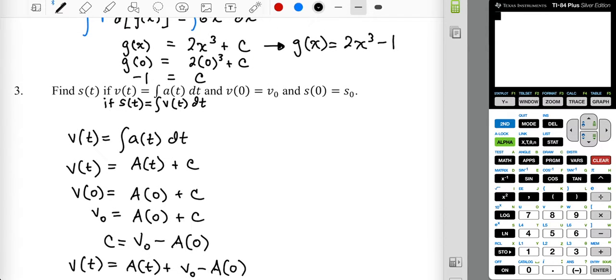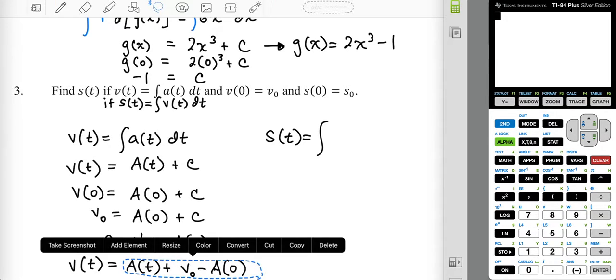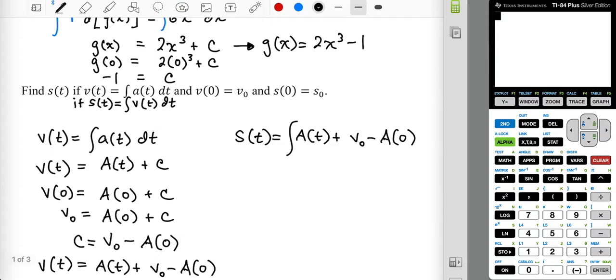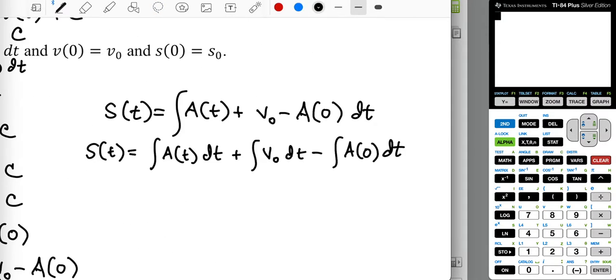All right, so that's going to allow us to take the next step, which is to say that S of t is going to be the antiderivative of all of this stuff dt. So the only thing that's variable in this whole thing is the a of t. So we'll just leave that as an antiderivative.